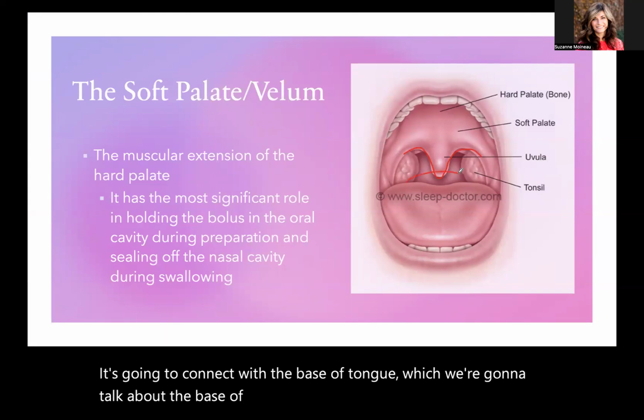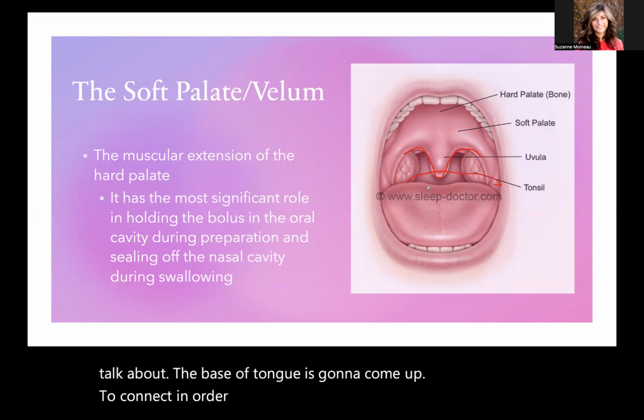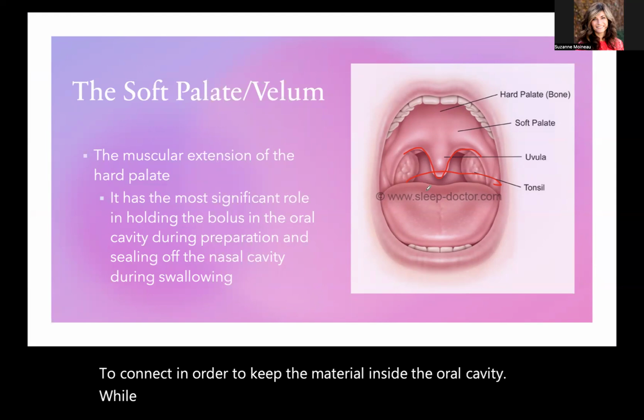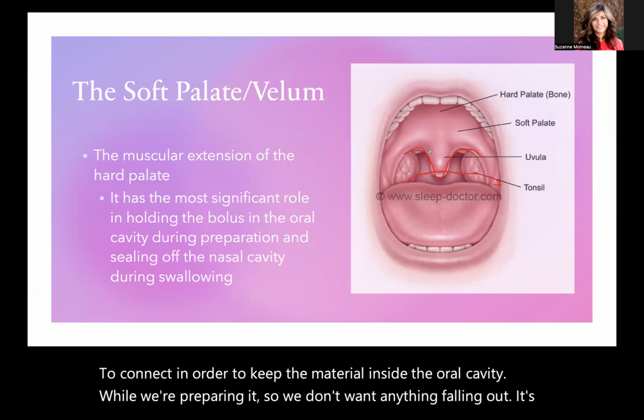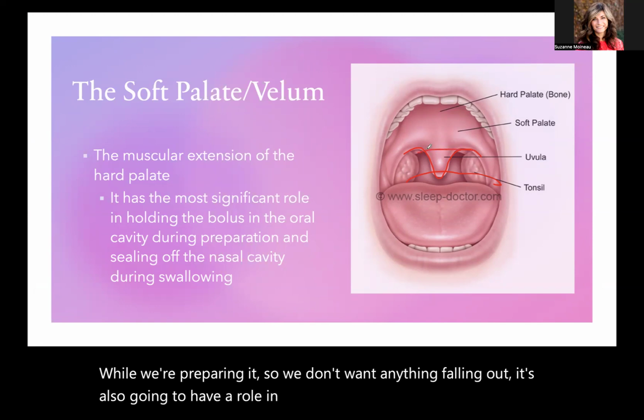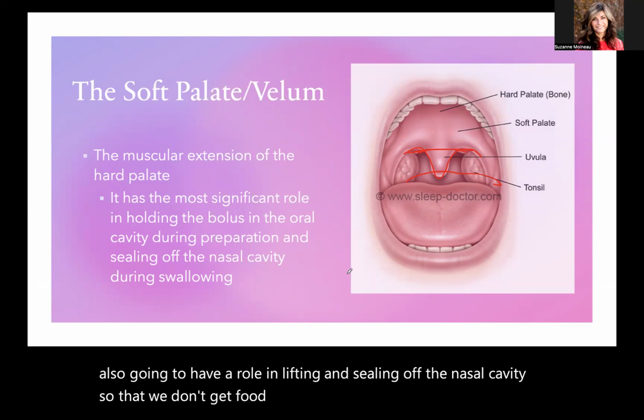The base of tongue is going to come up to connect in order to keep the material inside the oral cavity while we're preparing it. So we don't want anything falling out. It's also going to have a role in lifting and sealing off the nasal cavity so that we don't get food up into our nose.